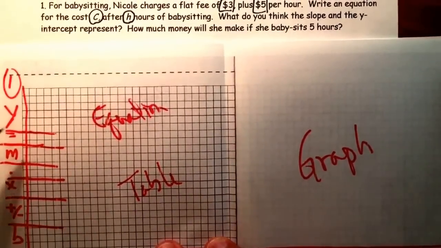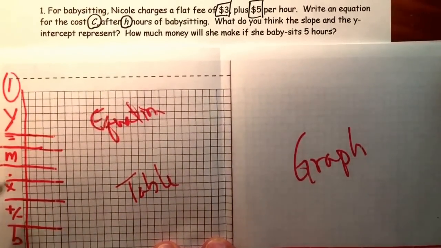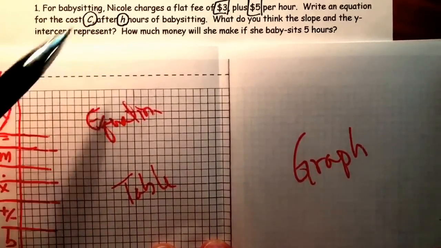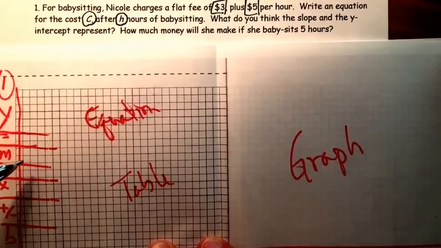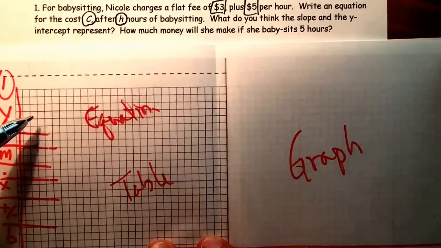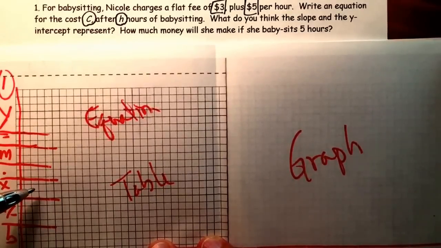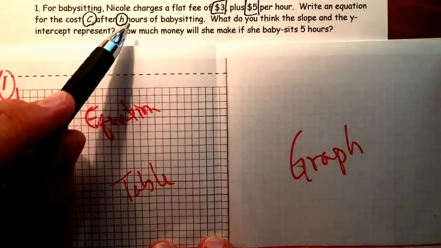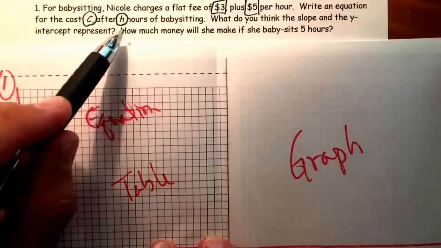All right, so what we're going to do is work our way through the problem and figure out what words in the problem represent each one of these pieces. So we know that we've got C and H, and we know that that's going to go either here for the dependent variable or here for the independent variable. So let's talk about this for just a second. We've got cost, and we've got hours. We've got money, we've got time.